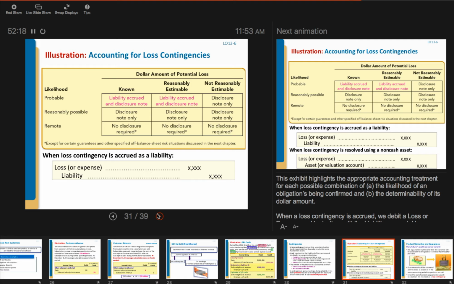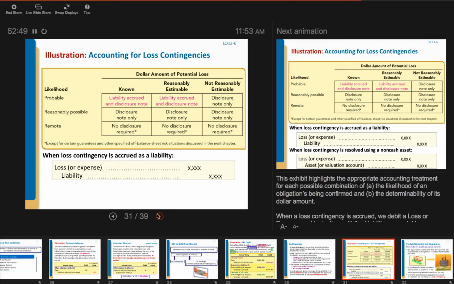So you just meet whatever characteristic describes your situation, and if no disclosure is required, you just don't do anything, right? Disclosure note only would mean just in the notes to the financial statements, you have a little asterisk or a little section that says, hey, it's reasonably possible that this known dollar amount liability will happen in the future.